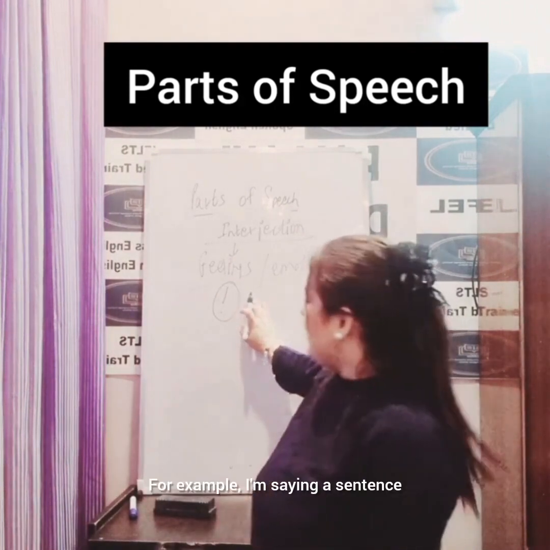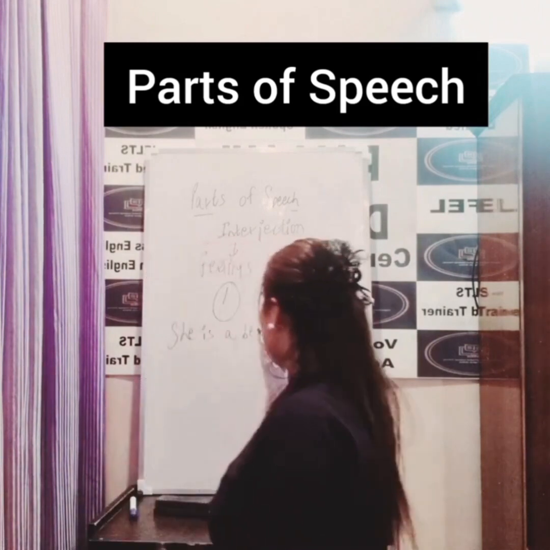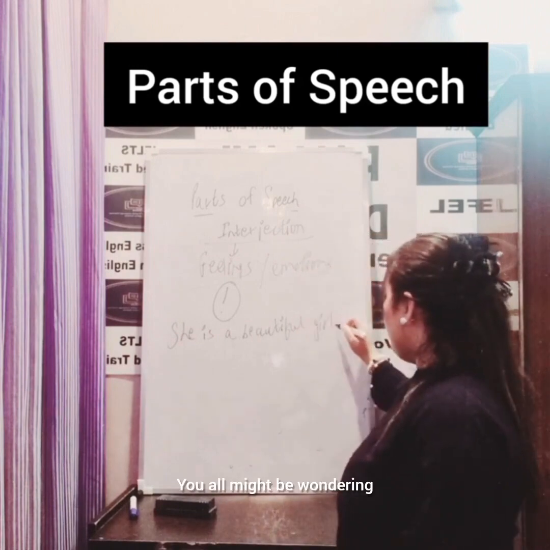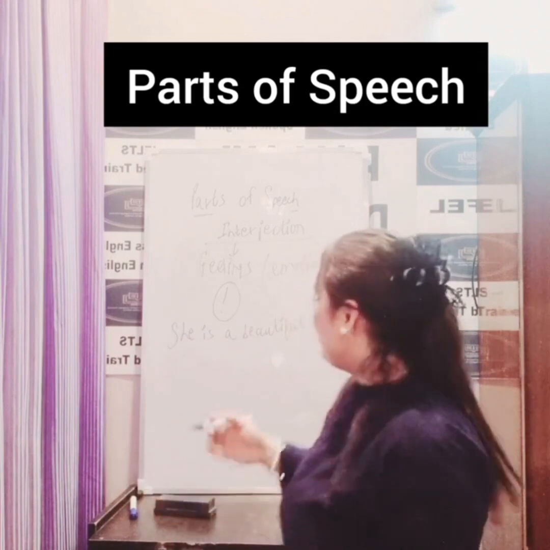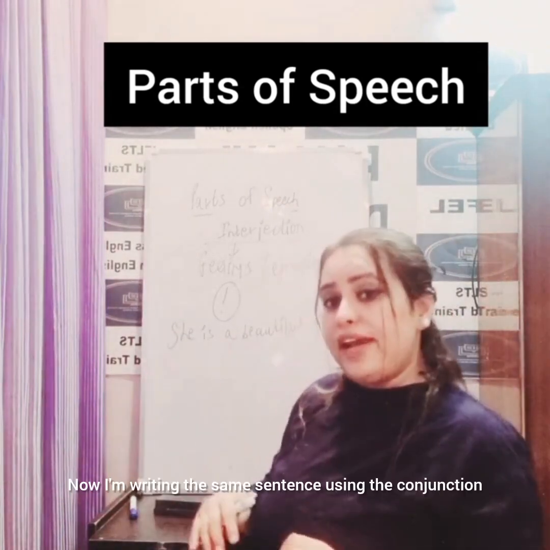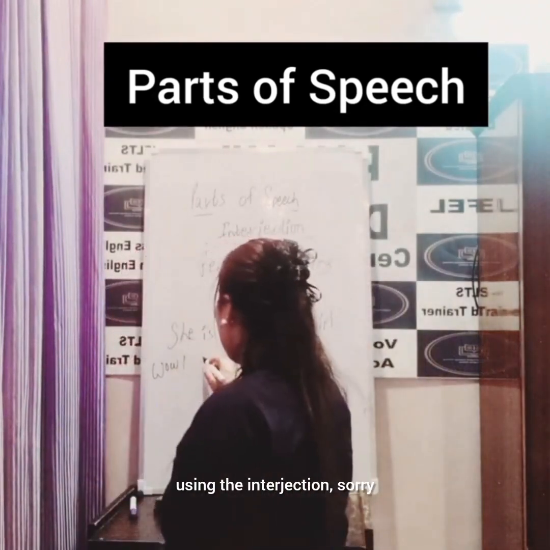For example, I'm saying a sentence. She is a beautiful girl. You all might be wondering, I'm using the same example in all the sentences just to make you clear. She's a beautiful girl. So what is she? She's a beautiful girl. Now I'm writing the same sentence using the interjection.